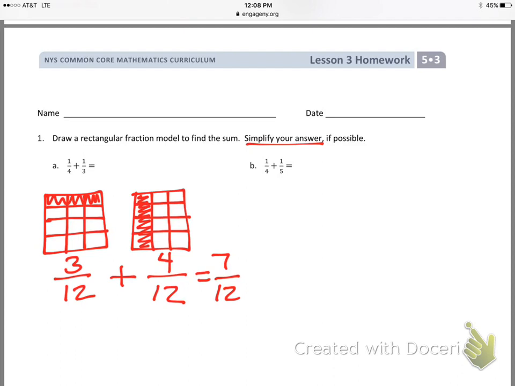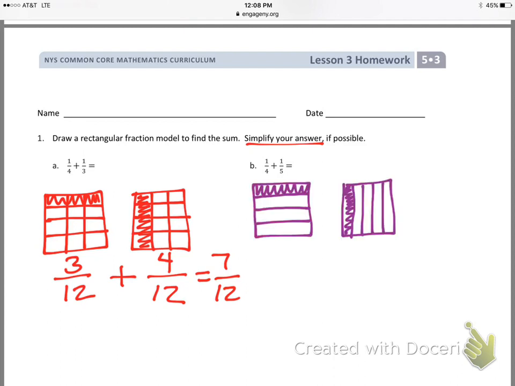If I look at the next problem, 1/4 plus 1/5, I start the same way, creating an area model for each one. Like before, I made one of the area models horizontal and one of them vertical, so now I can overlay the vertical on top of the horizontal and vice versa.